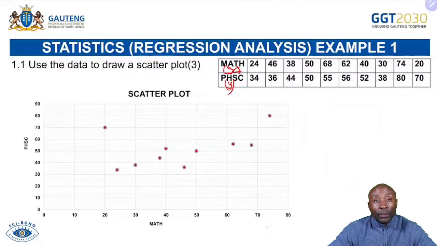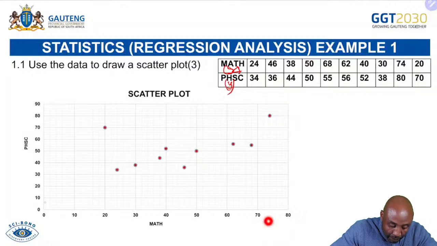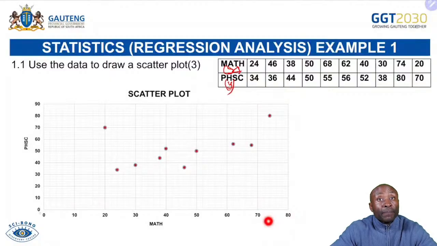So how we plot the points, we are having maths is 24. So you are able to see that on our x-axis, each of the smaller blocks seem to be representing 2 units. And if you check again this side, each of the smaller blocks represents 2 units because we are having 5 divisions there.